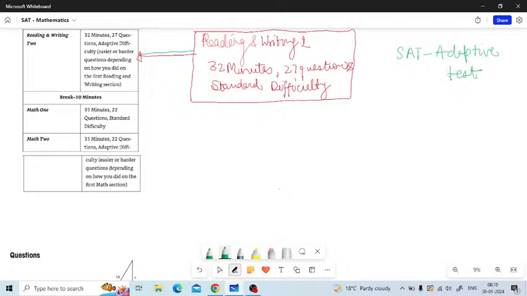The SAT can take around 2 hours instead of around 3 hours, and the SAT is now adaptive, meaning the test changes depending on how the individual test taker is doing.